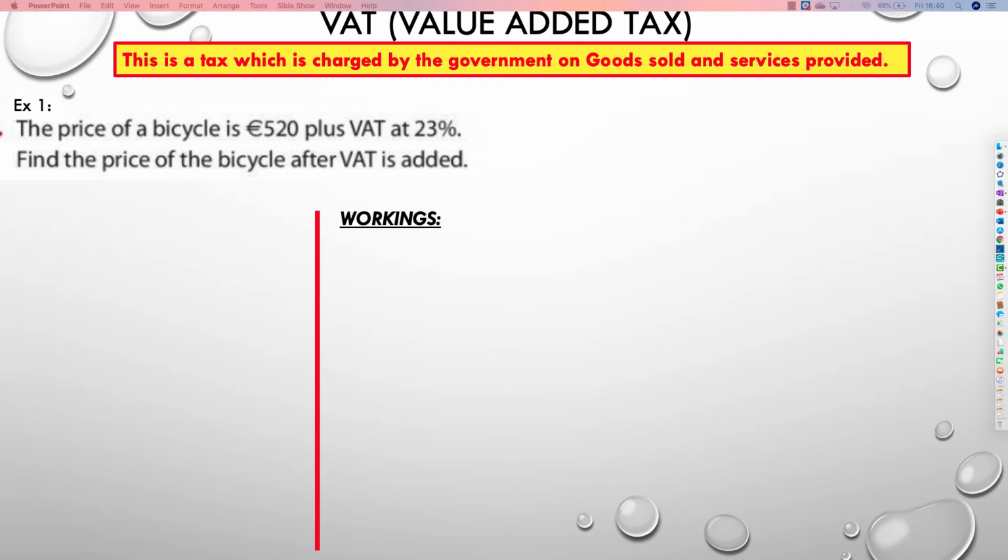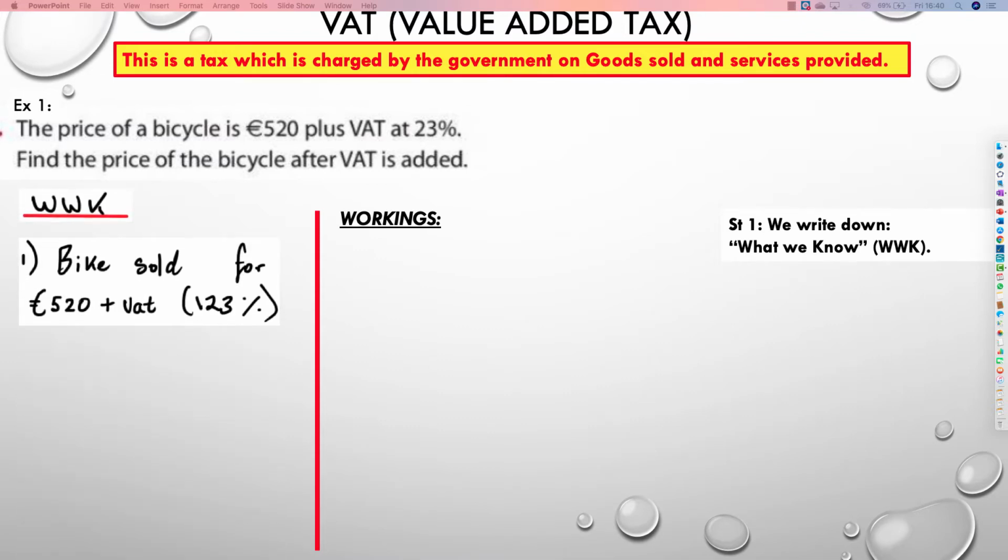What can you tell? Percentages. So, €520 represents 100%, and the price plus VAT represents 123%.